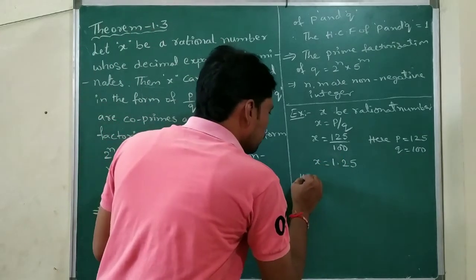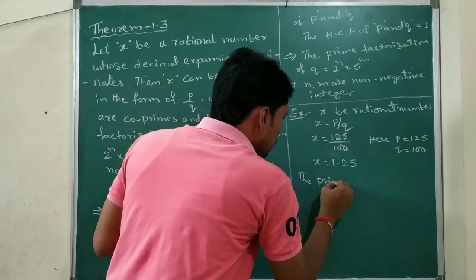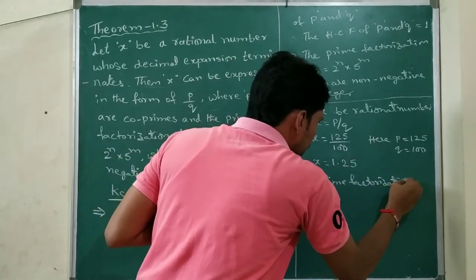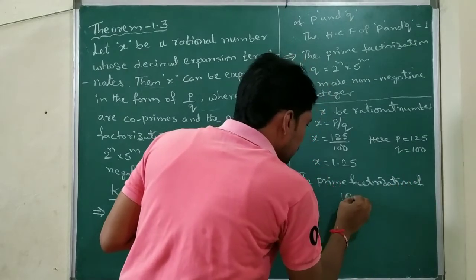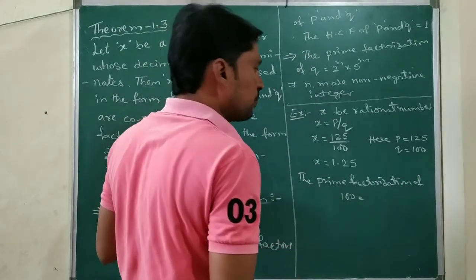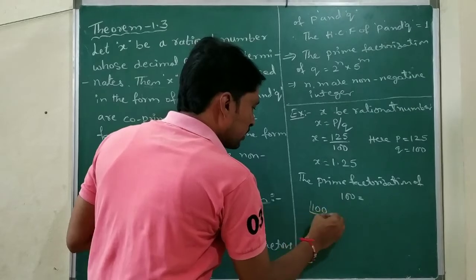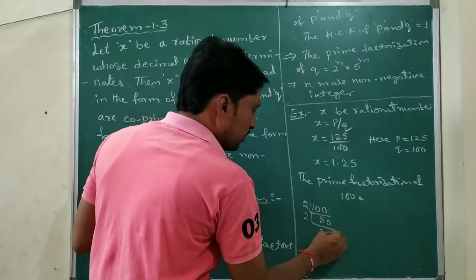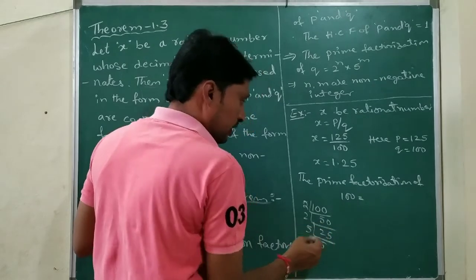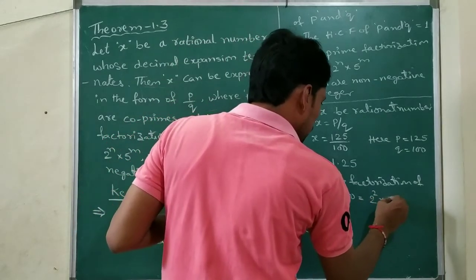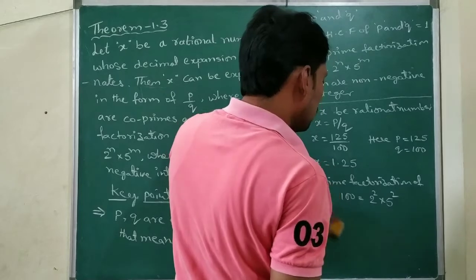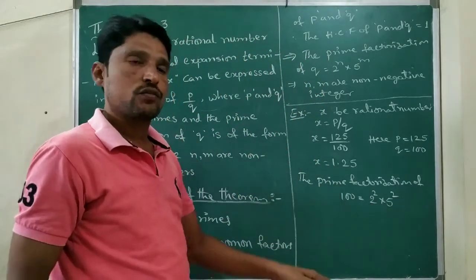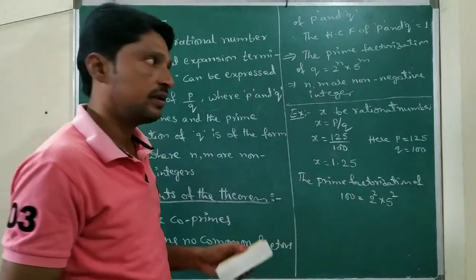The prime factorization of 100: we need to take the prime factors. 2 fifties are 100, again 2 twenty-fives are 50, again 5 fives are 25. So 2 square into 5 square. So the prime factorization of q equals 2 square into 5 square. Here q value is 100.